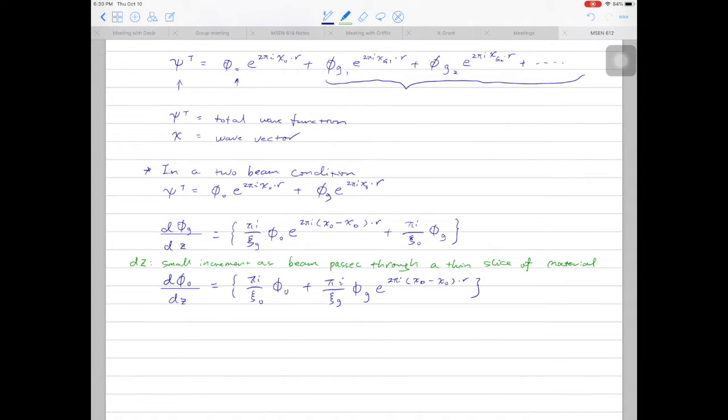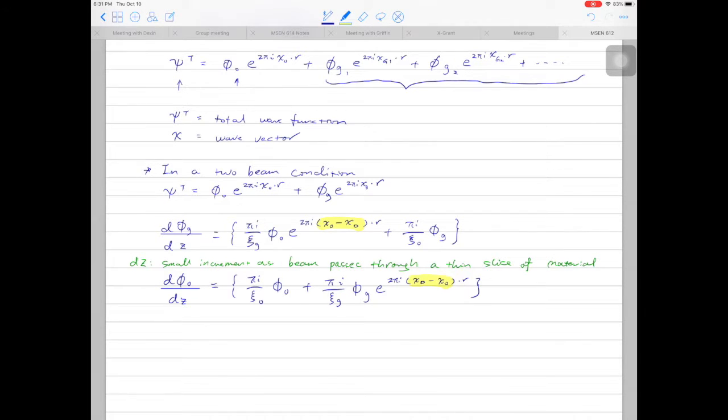Here, I want to say a couple more things about the wave vectors. In these two equations, you can see you have chi naught minus chi d, as well as chi d minus chi naught. So what does this mean? In the first case, chi naught minus chi d is the change in the wave vector as the phi g beam scatters into the phi naught beam.